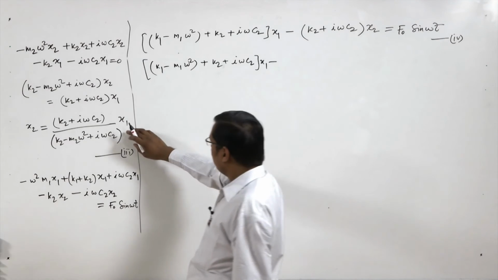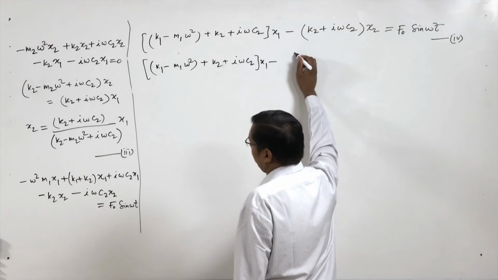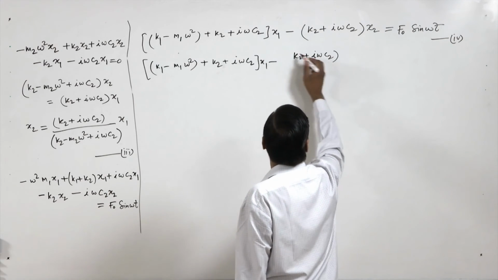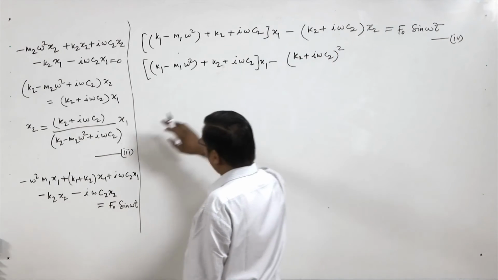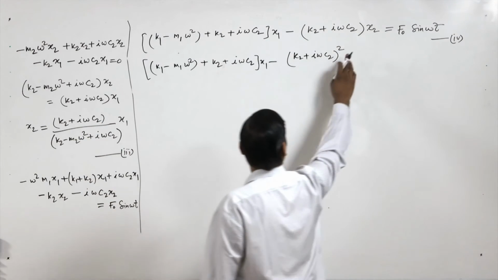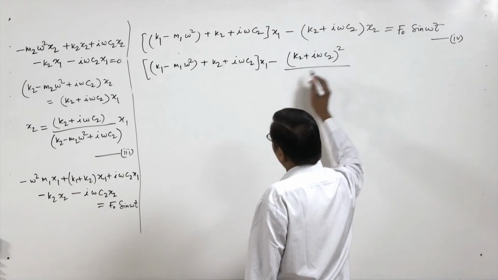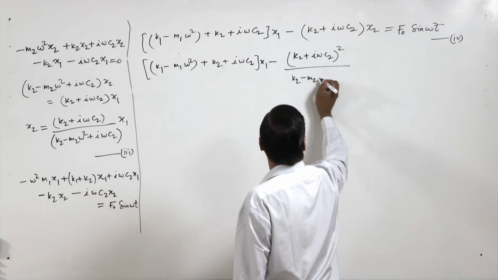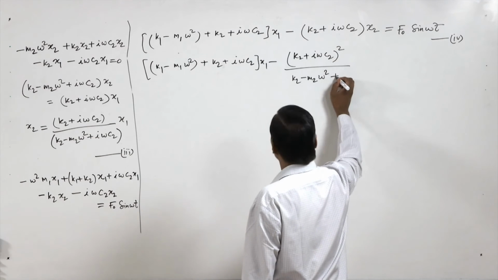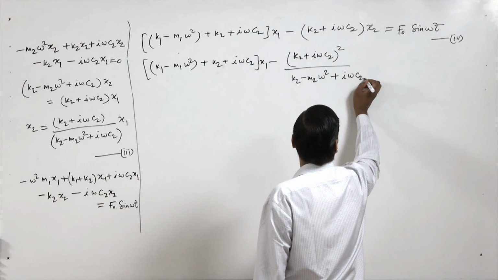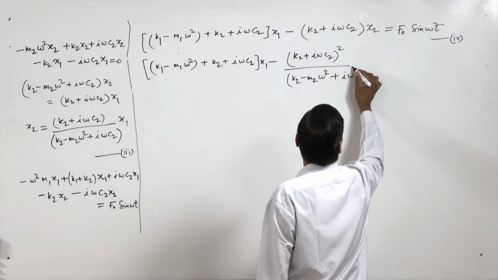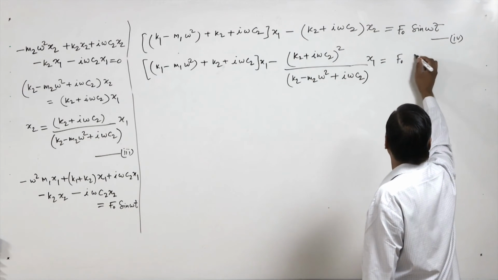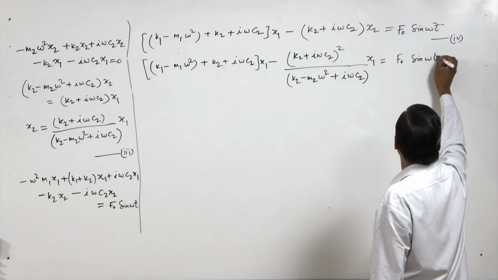If we put these values, so (k2 plus iω c2) whole squared, because here we have this term, so it will be multiplied, and the denominator term (k2 minus m2 omega squared plus iω c2), into X1 equal to F0 sin ωt.